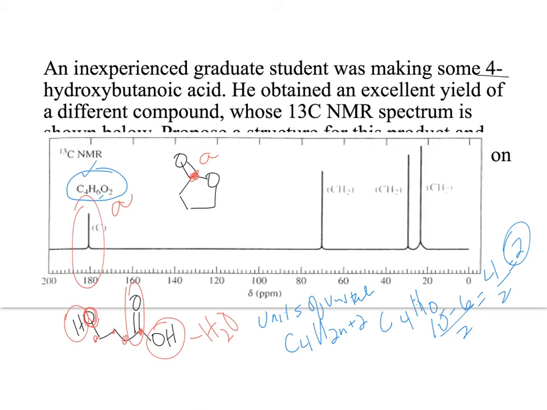That's 4 carbons, 1, 2, 3, 4, 5, 6 hydrogens and 2 oxygens. All right, so then this would be carbon number B right there, because it's bonded to an oxygen. And then you'd have C, which is alpha to the carbonyl group, and then D.